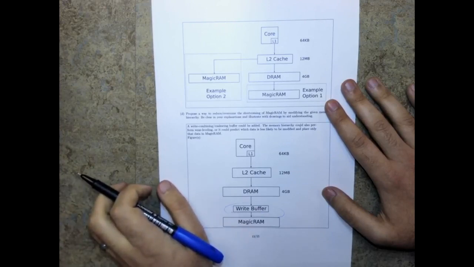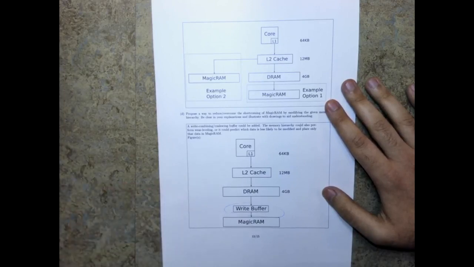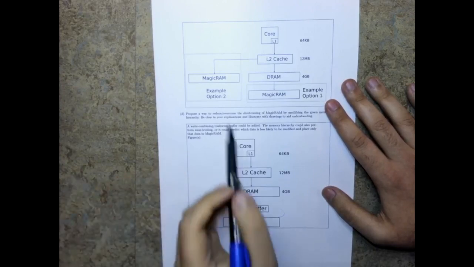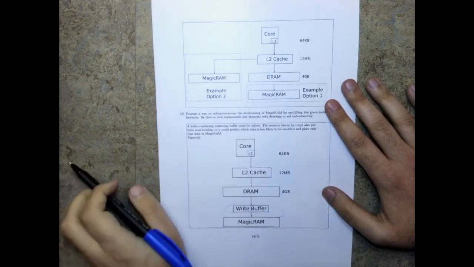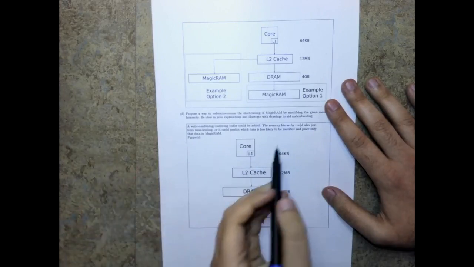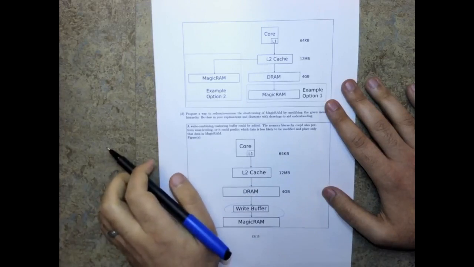We can have good endurance if we uniformly distribute the writes, so we don't write to one cell 2,000 times and to other cells only maybe 1 time. And also, if we use MagicRAM as a separate address space, we can have a technique to dynamically detect some pages that are mostly read-only, and then we can allocate those pages to MagicRAM, and it's good to have a good endurance for MagicRAM.